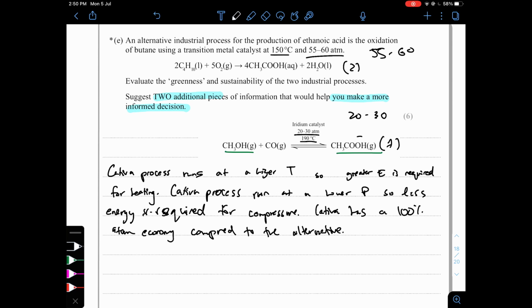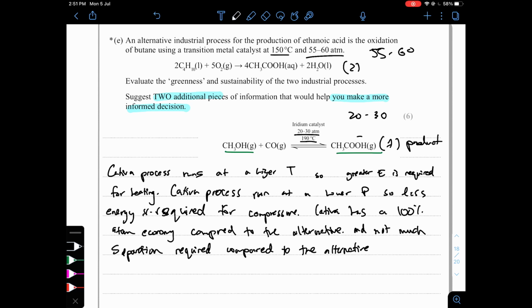And because it only has one product, there is not much separation required compared to the alternative process.